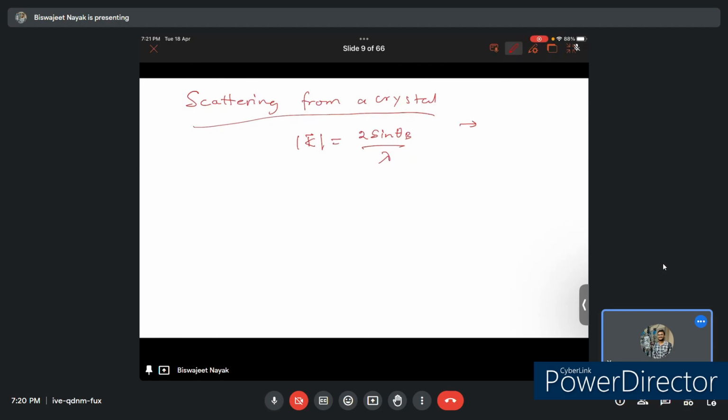So in TEM, mostly at the Bragg angle, the electron waves interfere constructively.